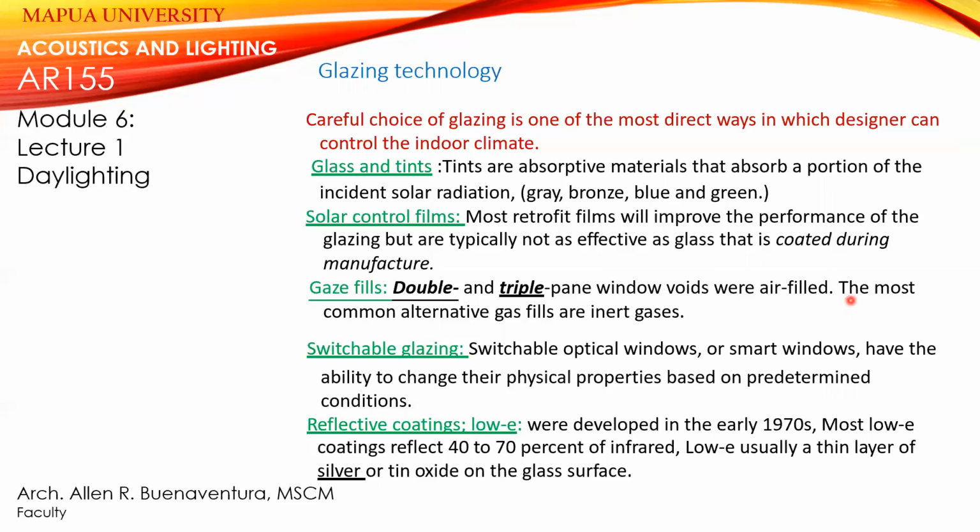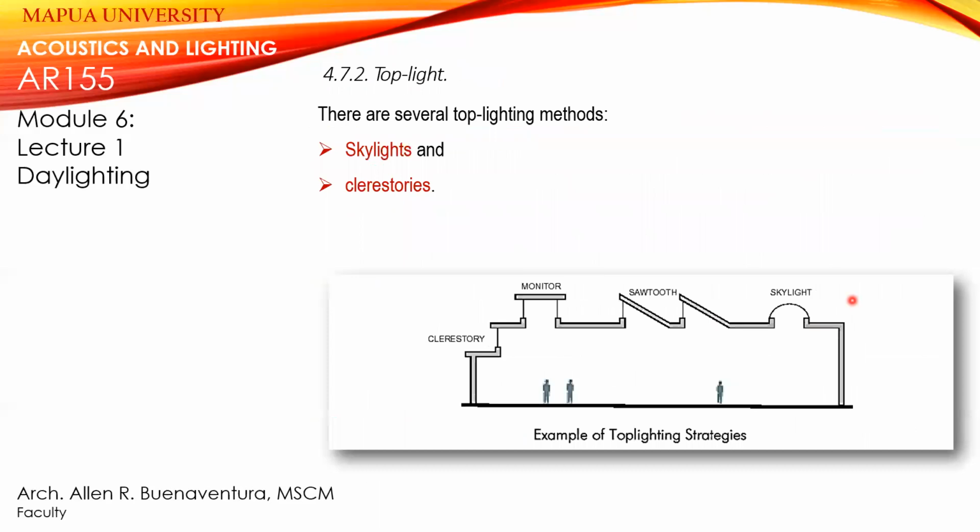So these are the different types of top light, which are called skylights or clerestories. As you can see, this is the clerestory. These are additional windows above the ceiling, which is called the clerestory. Sometimes we call it the monitor.